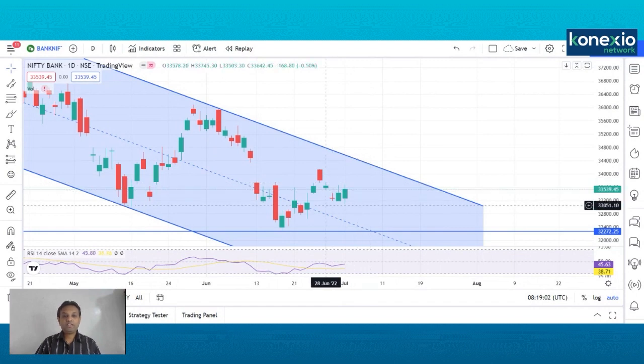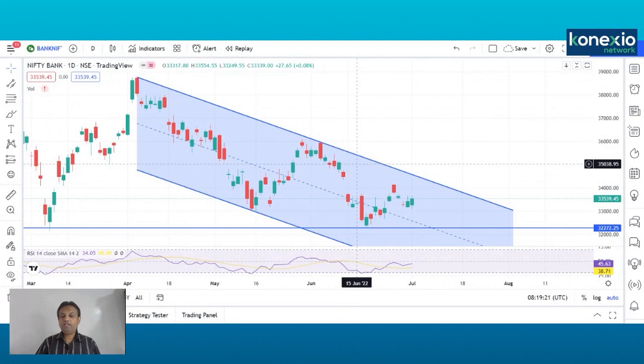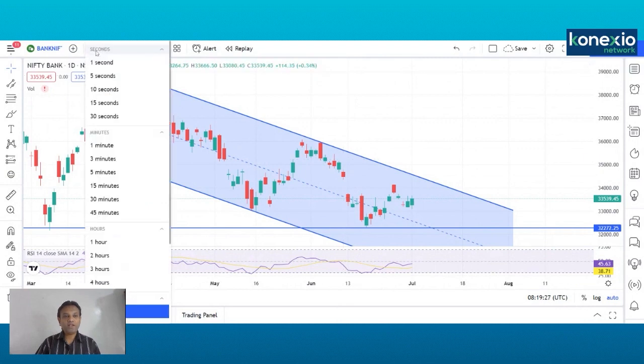Now the major resistance area for Bank Nifty is 33,660. So once it breaks, swing traders should go long with a breakout for an upside target, at least for the next week. So looking at this particular pattern, we feel that the trend might remain positive. Any dips should be used as a buying opportunity.